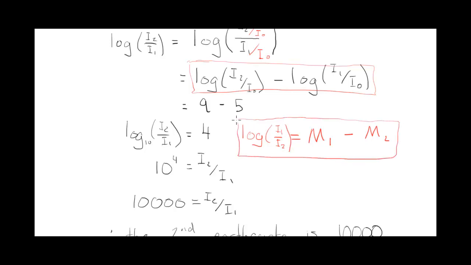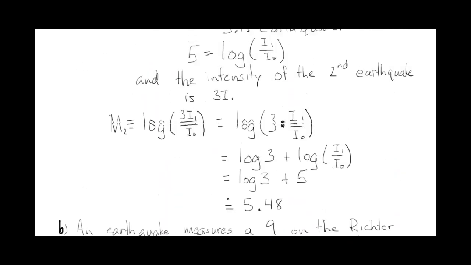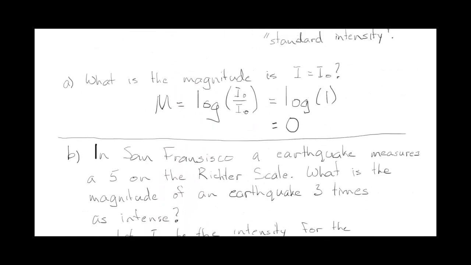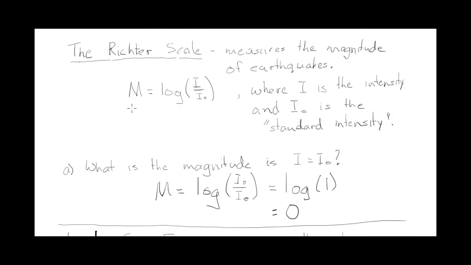If you remember the first equation we gave, all the way up here, this is your basic equation, and it compares the intensity of an earthquake to the standard intensity.